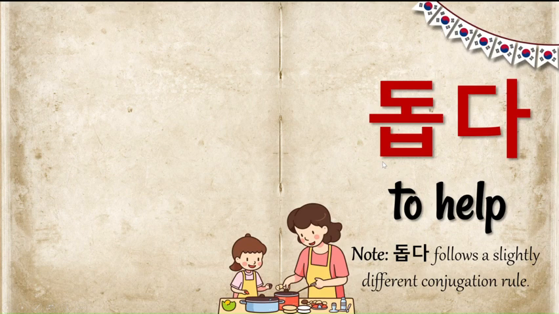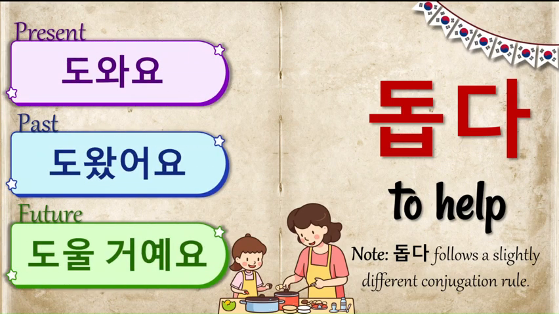As I said earlier, I'm going to share the link of that video in the description, so you don't have to worry about the rule of conjugation for 돕다. For now, just learn the conjugation of 돕다 in present, past and future tense. 도와요, 도왔어요, 도울 거예요.